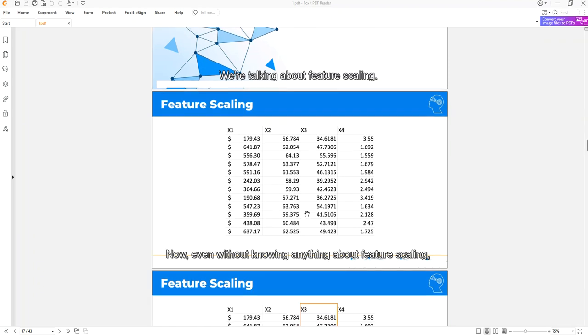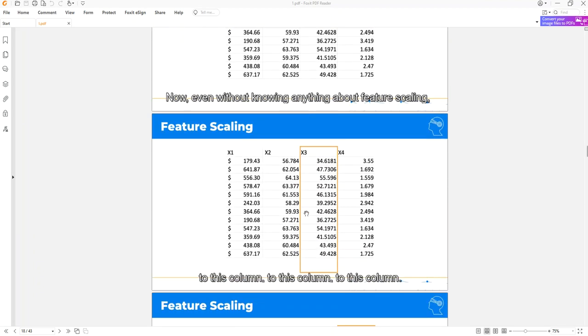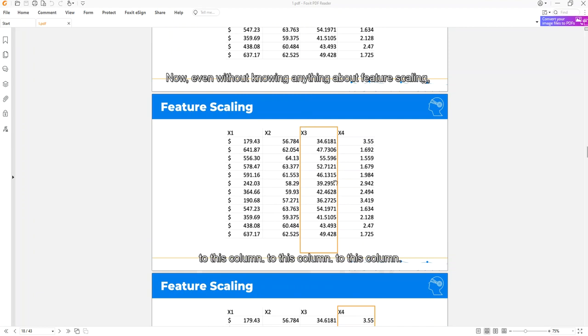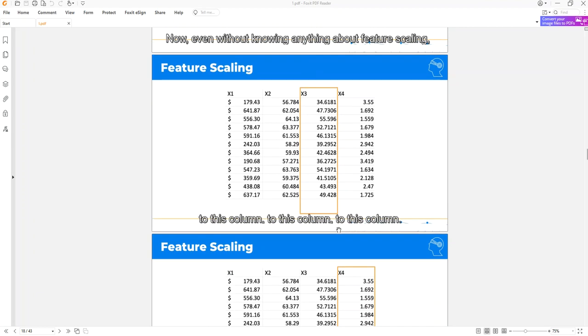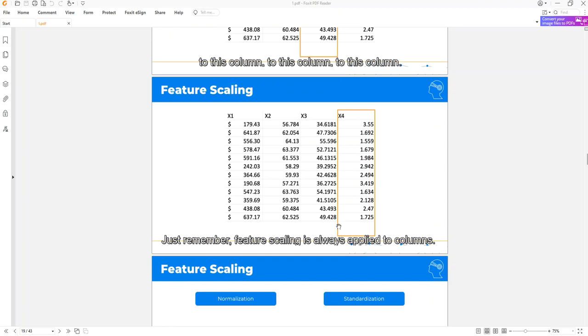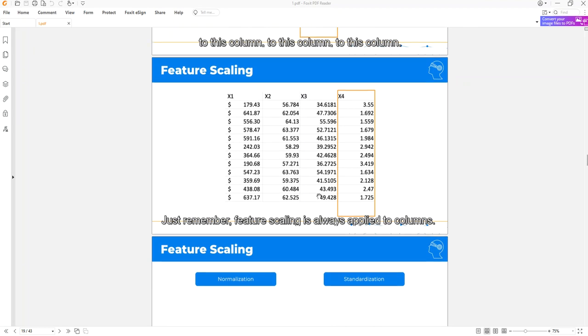I will go down further in the slides and you will see that, but as I mentioned here, it is applied to the columns. This is just normal dummy data, not the actual data that we are currently working on. I'm just going to highlight this yellow line to show you what feature scaling is.